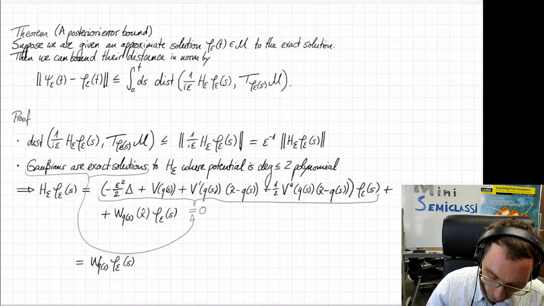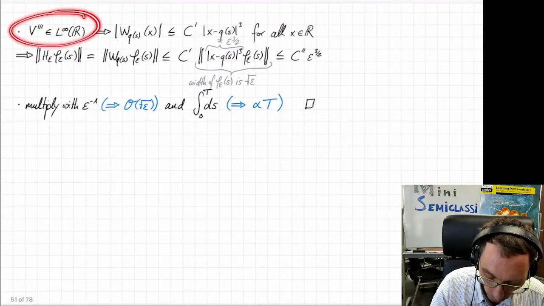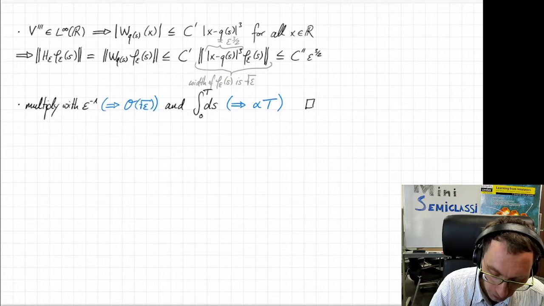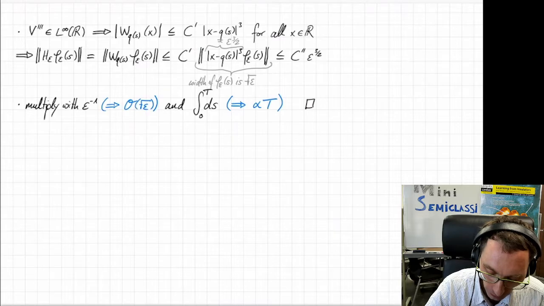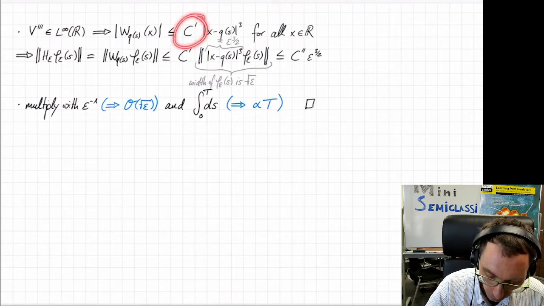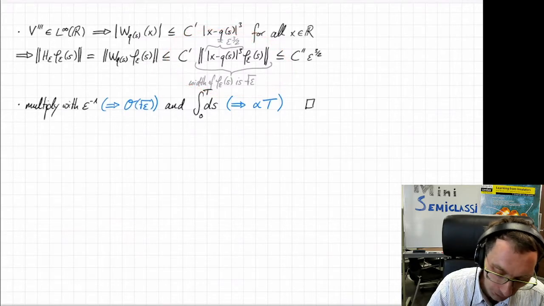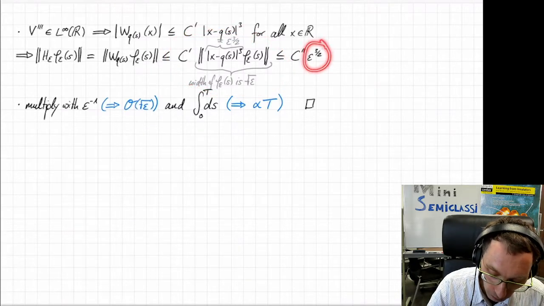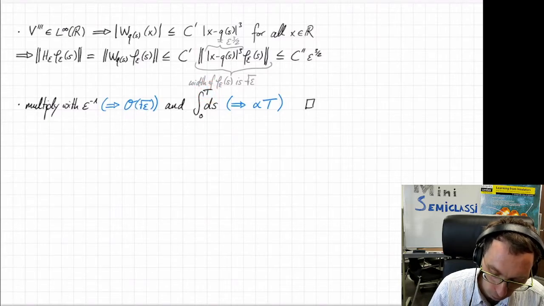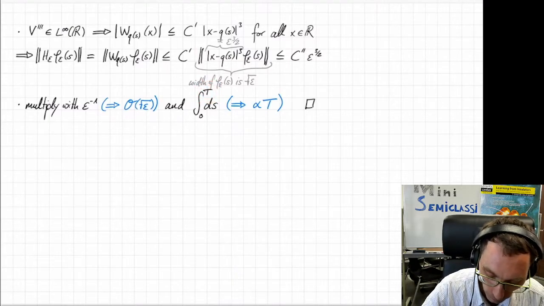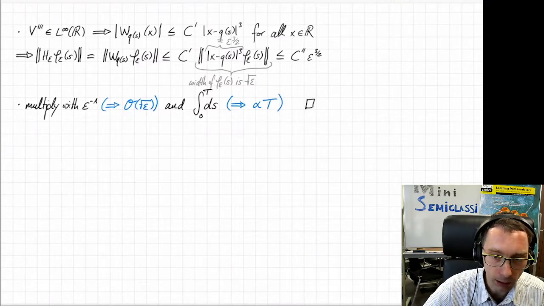Which means that only the remainder matters. Our boundedness assumption on the third derivative of the potential then translated to a bound on the remainder of the Taylor expansion, which gave us the right behavior in epsilon. And then integrating everything up means that in addition we get a term that is proportional to the time t. And that's that.